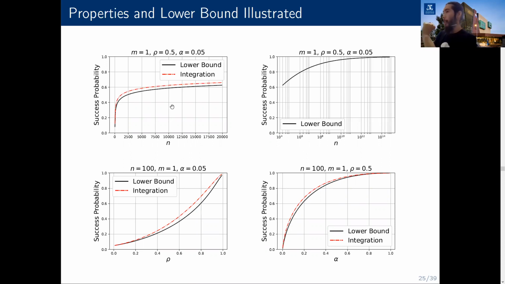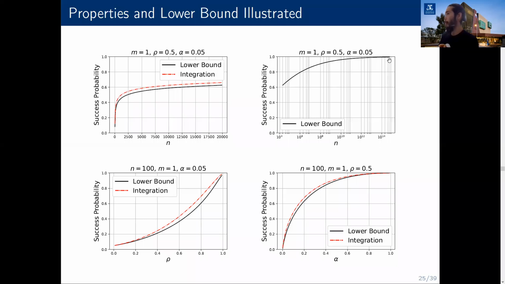However, if you actually try using numerical integration for higher values of n, it's not going to work out quite so well because the integrand gets a bit extreme for larger values of n, so it won't give you accurate answers, whereas the analytic lower bound doesn't have an issue with that. So we can keep going with higher orders of magnitude and compute it for larger values of n.